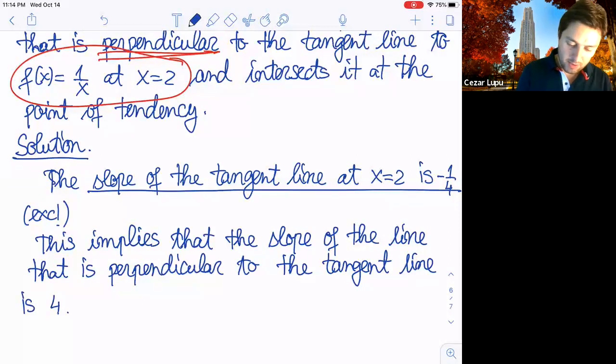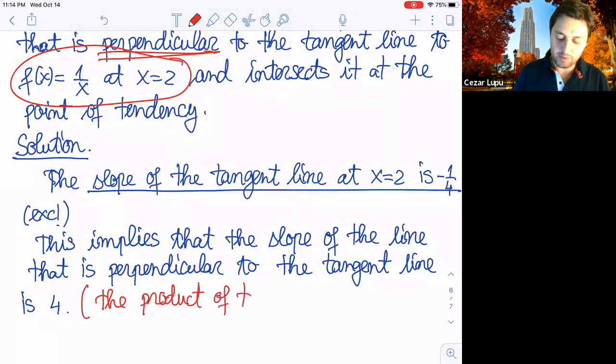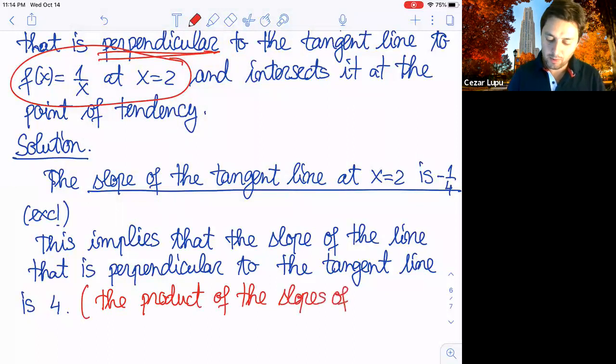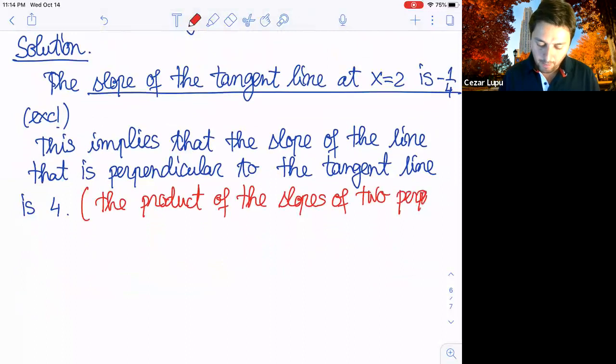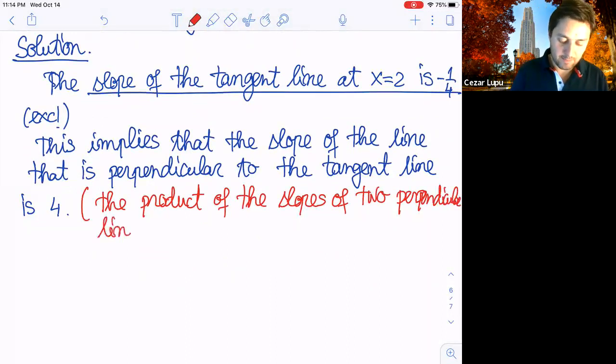So let me mention this fact here. The product of the slopes of two perpendicular lines is -1. So keep that in mind. Okay.